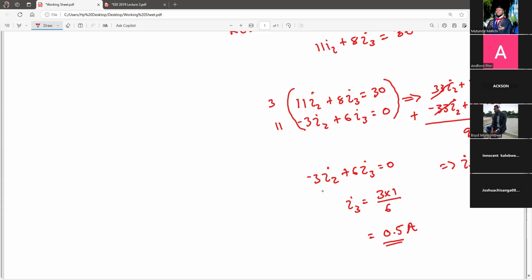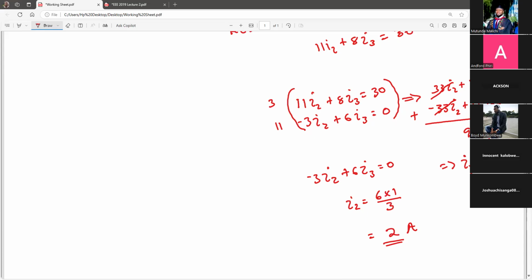Sorry, not I3, I'm solving for I2 here. This is I2 that we don't know. It is 6 times 1 over 3, which gives us 2 amps.